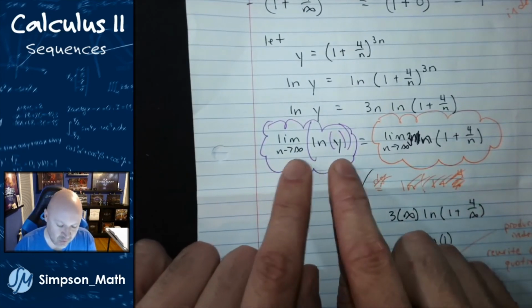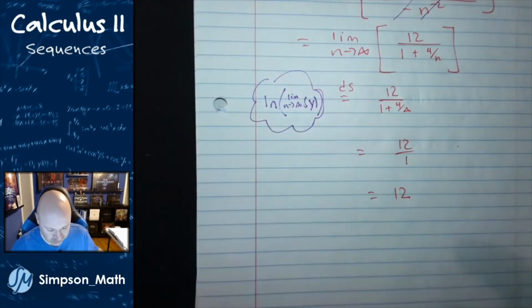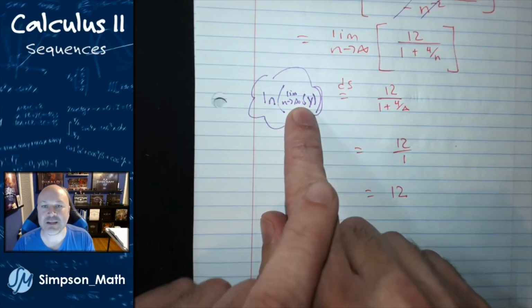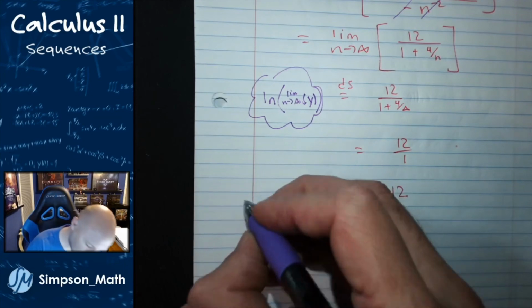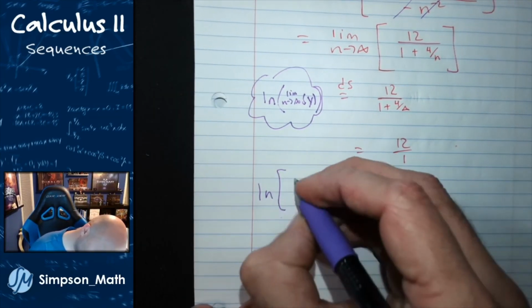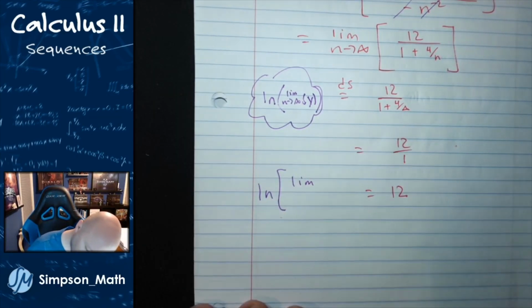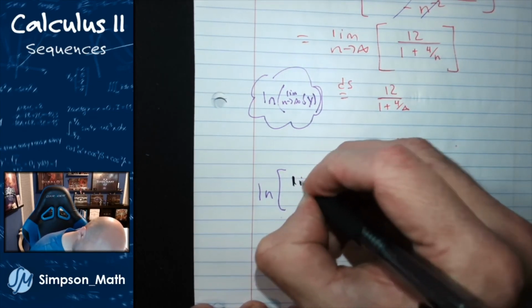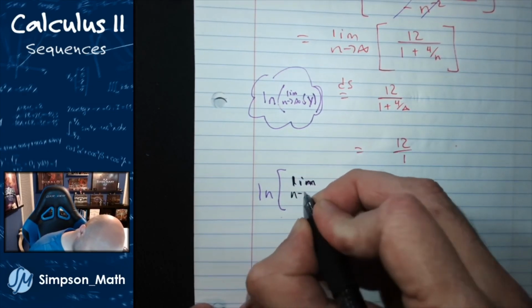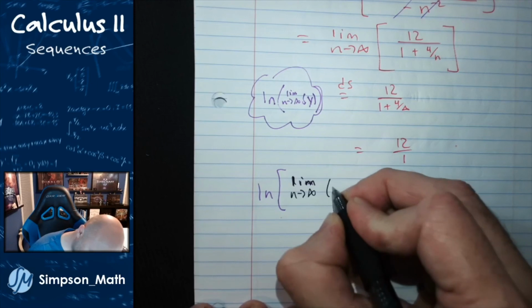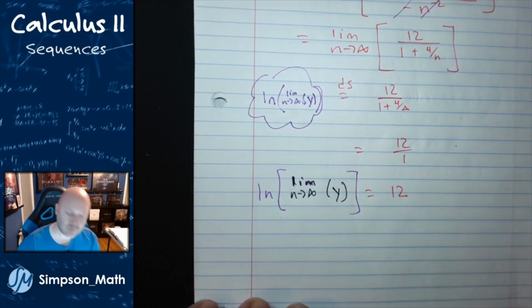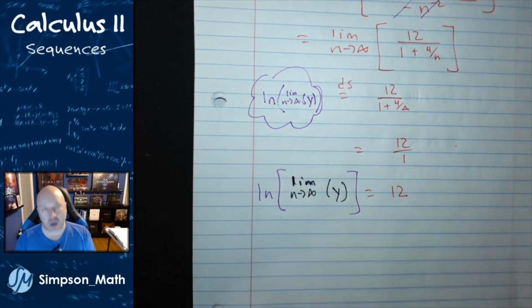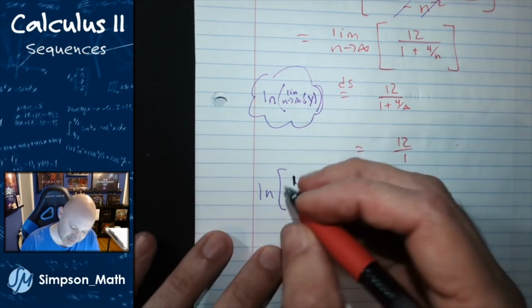That's what I have right here. But there's this weird natural log in my way. Oh, the definition of the logarithm is how we end this disaster.